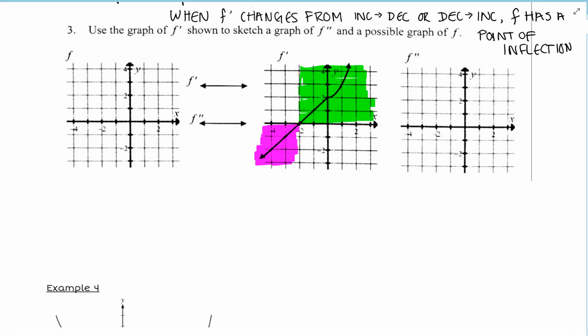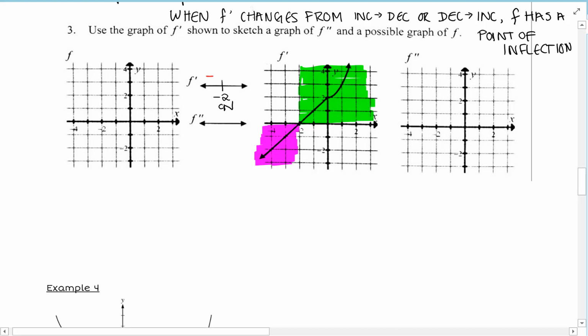So our critical number, where f prime changes from negative to positive or positive to negative, is at x equals negative 2. To the left of negative 2, f prime is negative, so this interval here will be negative, which means f is decreasing from negative infinity up to negative 2.